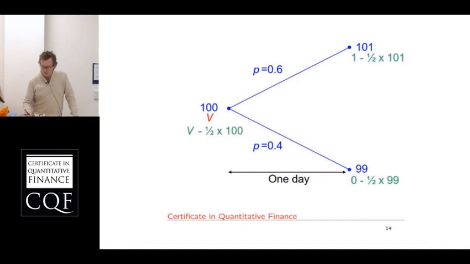So what's that? That's 2 minus 101 over 2, which is equal to minus 99 over 2. So if the stock goes up, the value of our portfolio is minus 99 over 2.